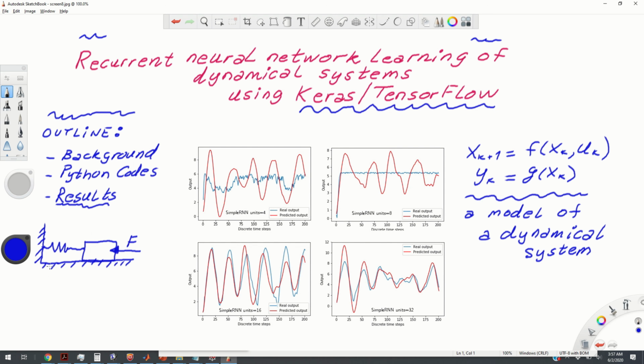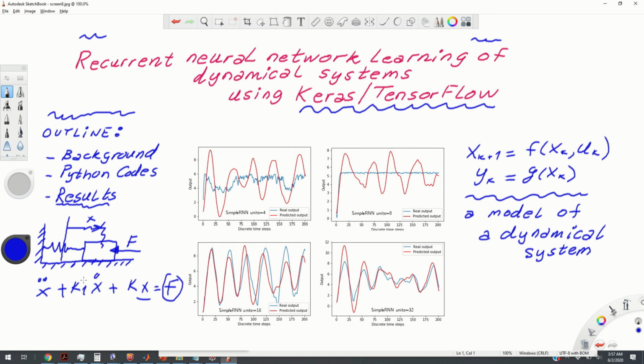So why am I using a mass and spring system? Well, mass and spring systems are prototypical models of a large variety of physical systems. They are described by second-order differential equations having the following form, where F is a force, so control force, and X is displacement from the equilibrium point.